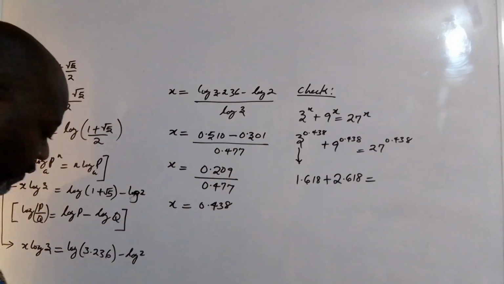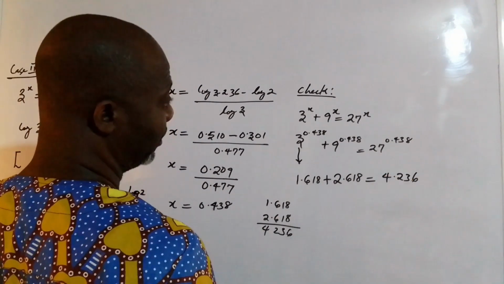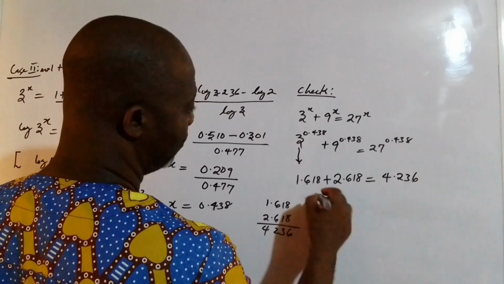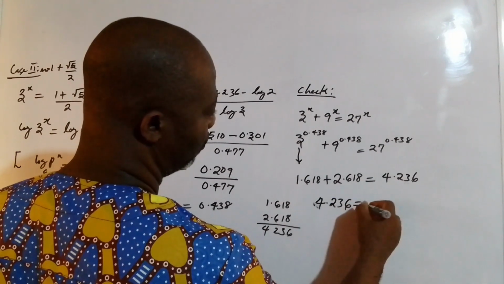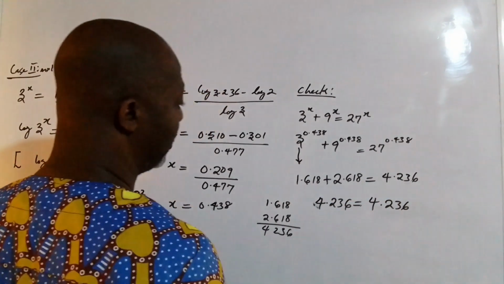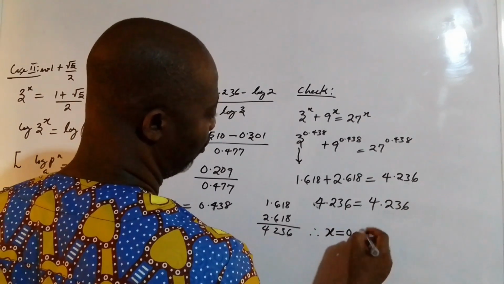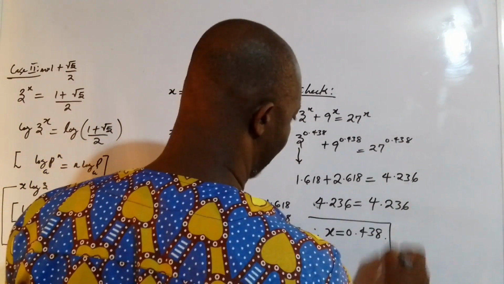Once you add the left hand side, it should be equal to the right hand side. When these two are added, you have 4.236 equal to 4.236. So you can see now that therefore x will be equal to 0.438.